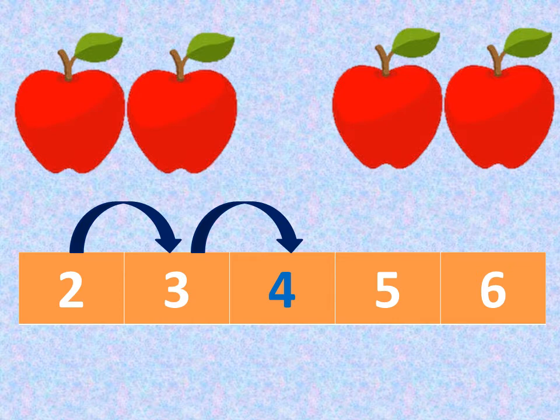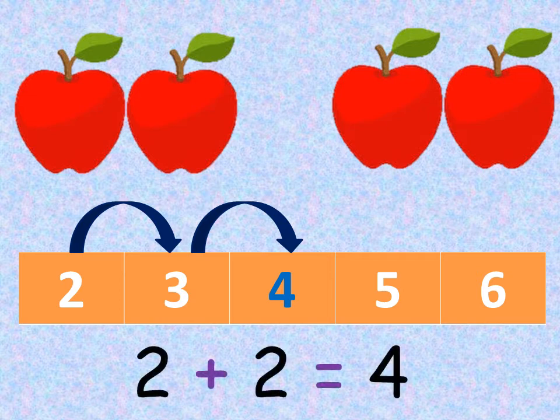So, using the number track, this is how we find the answer. The answer is 2 plus 2 is equal to 4.